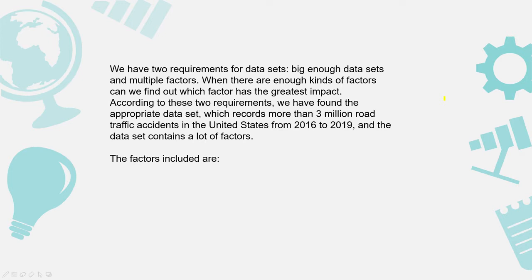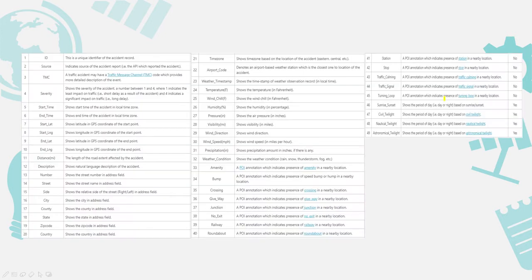And the dataset contains a lot of factors. The factors included are shown below. This dataset includes 49 factors, so we can analyze which factor has the most impact in a traffic accident.